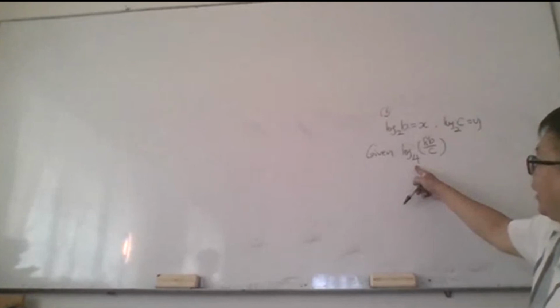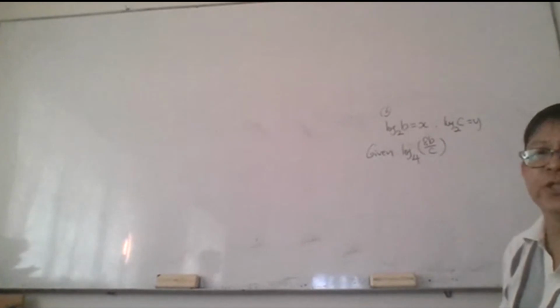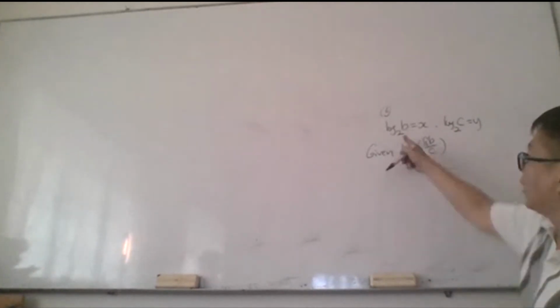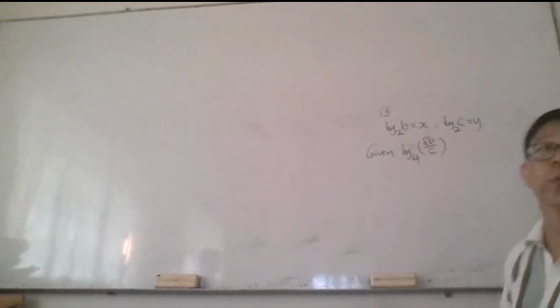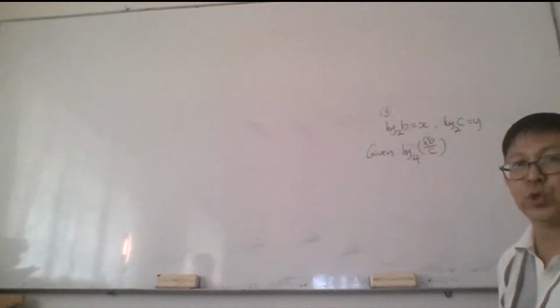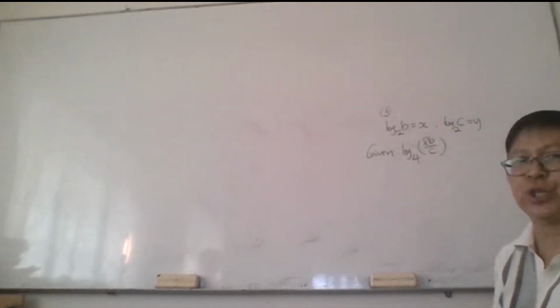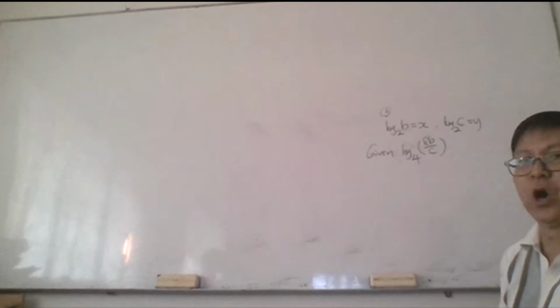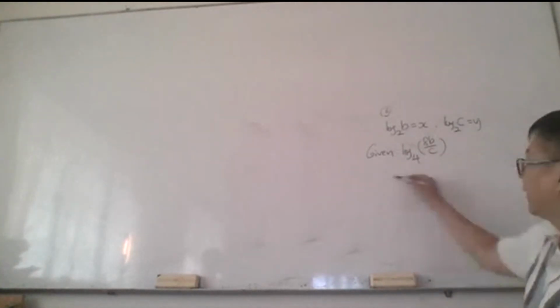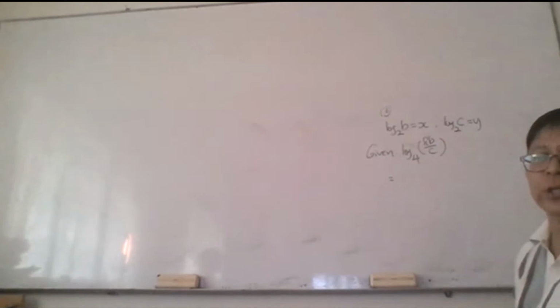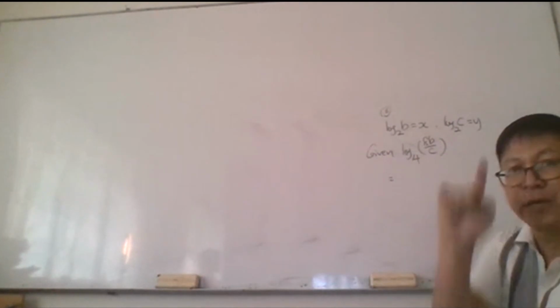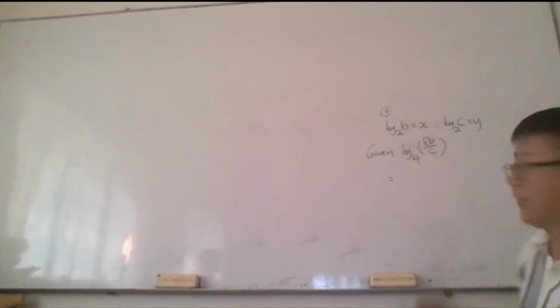I look at the question and see that the base is not suitable. Why? The question gives me base 2. I must change the base before I apply the laws of logarithm. When you change the base, you only need to change one time.